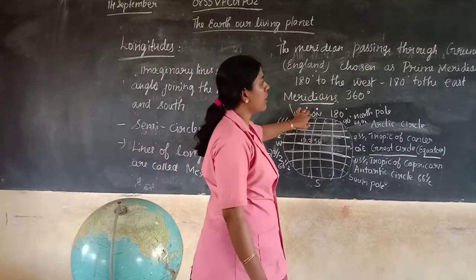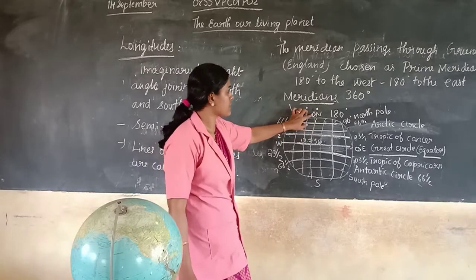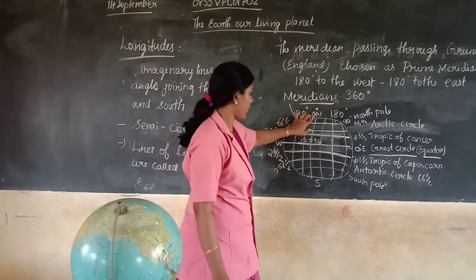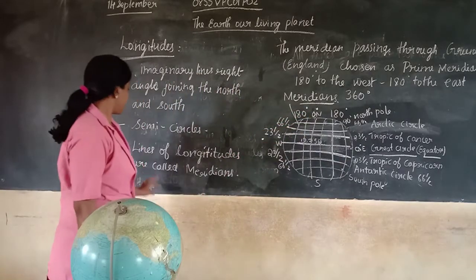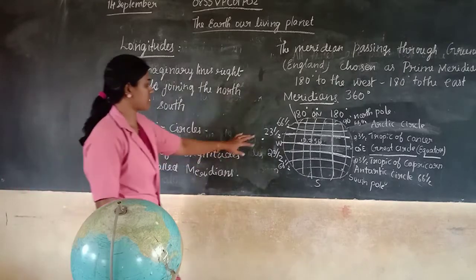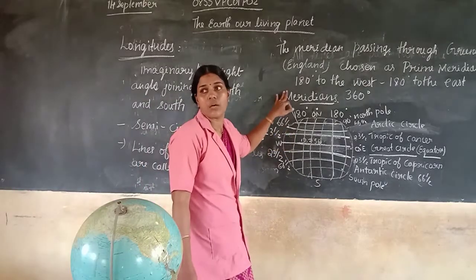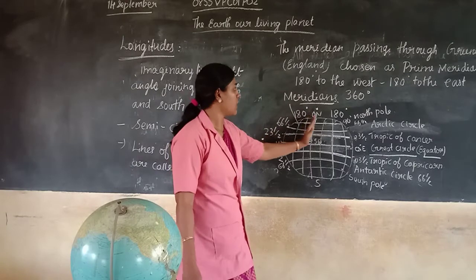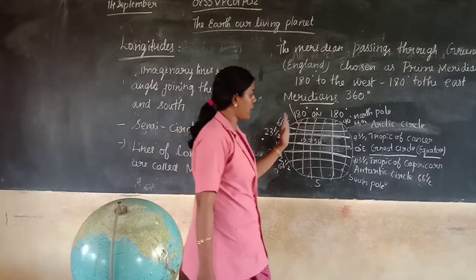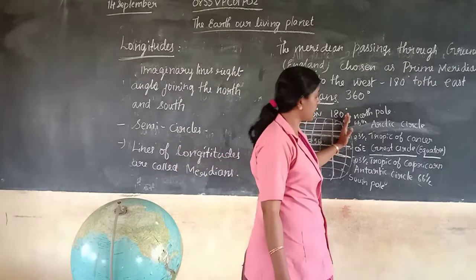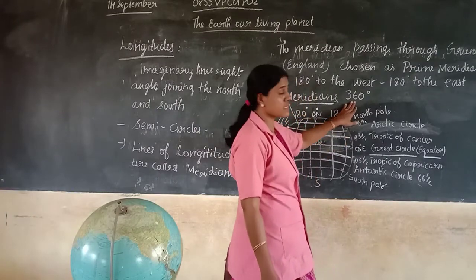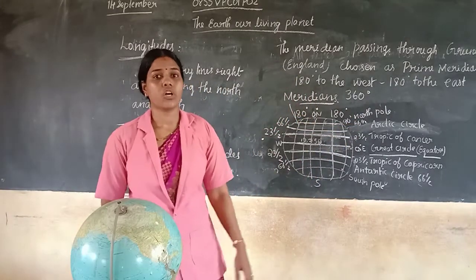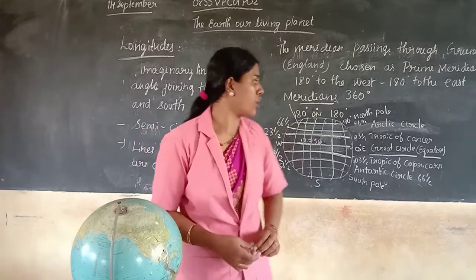These lines are also called meridians. Total 180 degrees here and 180 degrees here, so 360 longitude lines are drawn.